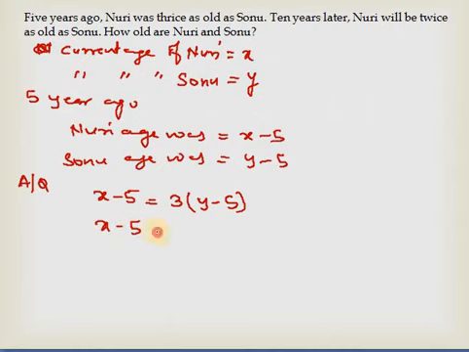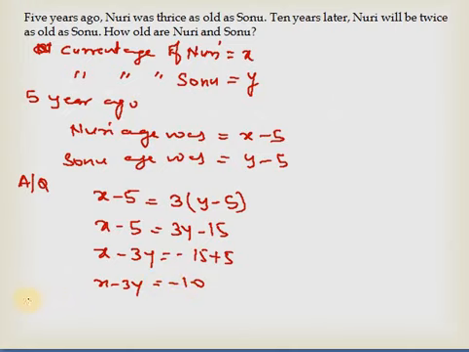Now we can just write the simple things: open the bracket, and we can write here x minus 3y is equals to minus 15 plus 5, which is x minus 3y is equals to minus 10. Okay, now again the question is 10 years later.